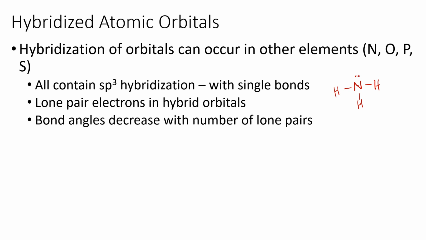It is going to be sp3 hybridized. That's what accounts for the tetrahedral electron domain geometry, but the trigonal pyramidal molecular geometry because of the lone pair. So that lone pair is going to be in one of the sp3 hybrid orbitals. We will see a slight decrease in the bond angle, so our bond angle here will be slightly less than 109.5.